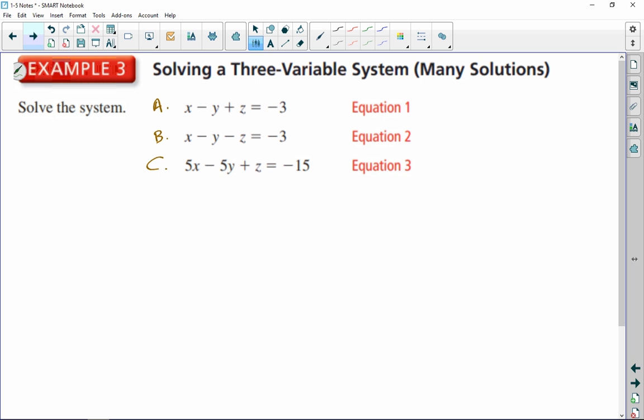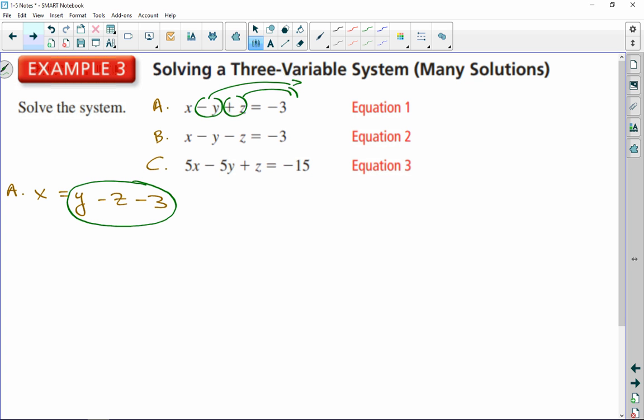So I'm going to take this and this, move them over there. I'm going to rewrite it. A: X equals Y minus Z. Take that. Now I modified A, so I got to use which ones? There and there.